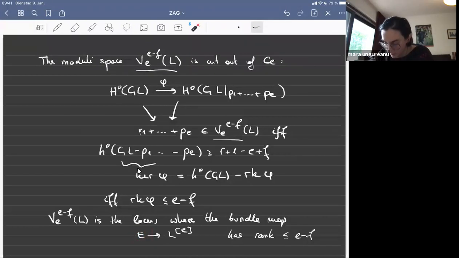While here, I'm going to have a bundle with these funny fibers here. And this is a certain kind of bundle that is called the tautological bundle of a given bundle. It's a vector bundle of rank E in this case, because this guy has dimension E. And I can construct it rigorously, but I don't want to. I just want to say that basically this map here is the global version on top of the symmetric product of this map that we just constructed here.